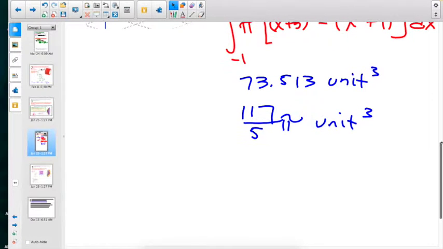So revolving it around a different line means we're moving the axis of rotation. So we're changing how far the top of our rectangle is away from the axis. Does that make sense? As that axis shifts, the top of the rectangle shifts.